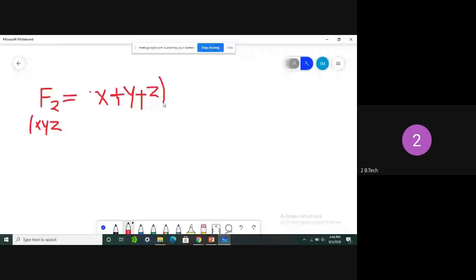So these sum terms are multiplied with which one? Product terms.